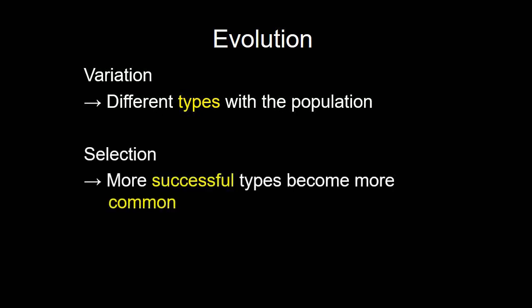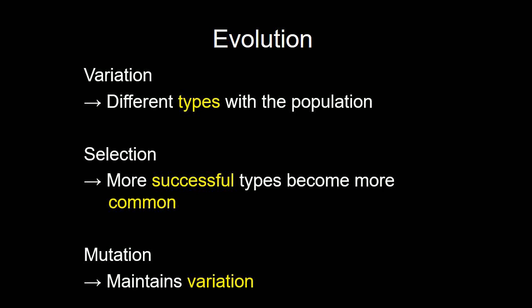Then there has to be some kind of selection process, which means that the frequency of types in the population changes over time, such that types that are doing better at the current moment become more common, and types that are doing worse become less common. And then you have to have mutation, which is some process that maintains variation in the population by reintroducing new types.